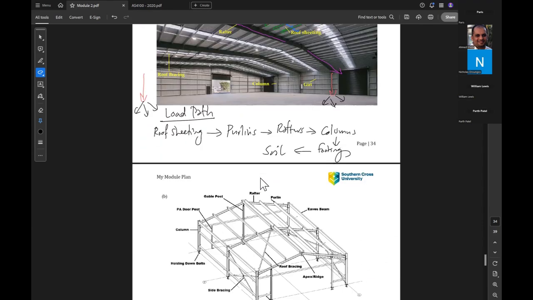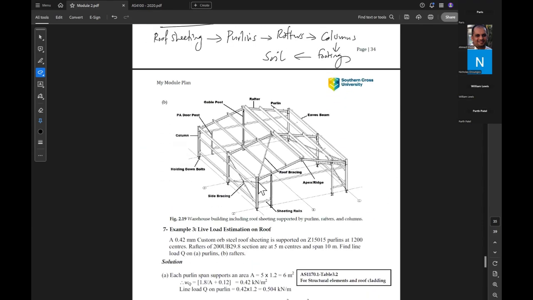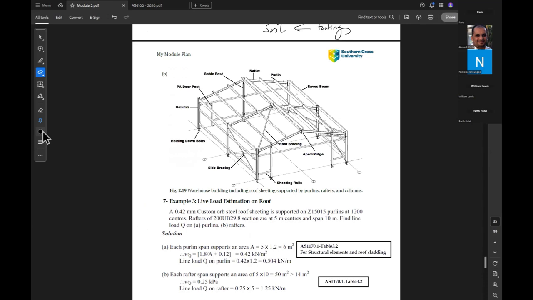Okay. And here is another example. Again, this is our purlin, so the load will be transferred through the purlins like that. Then the purlins transfer the load to the rafter in these directions.